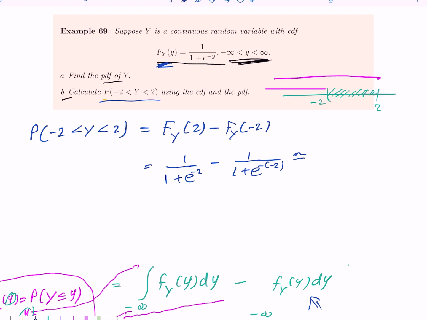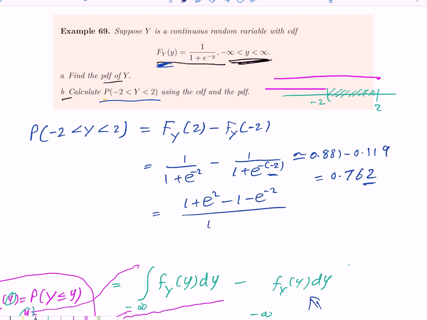If you use a calculator, you get 0.881 minus 0.119, and this equals 0.762. Or for the test, actually you can simplify this by getting a common denominator, (1 plus e^(-2)) times (1 plus e^2), with 1 plus e^2 in the numerator for the first term and minus (1 plus e^(-2)) for the second.